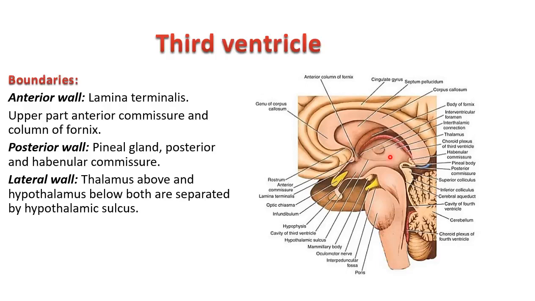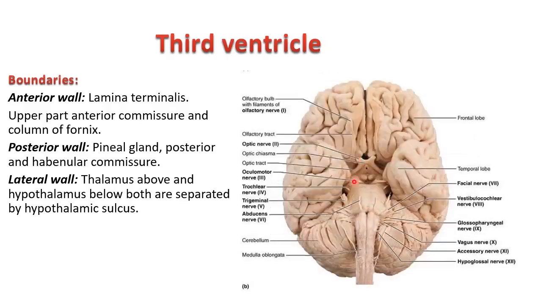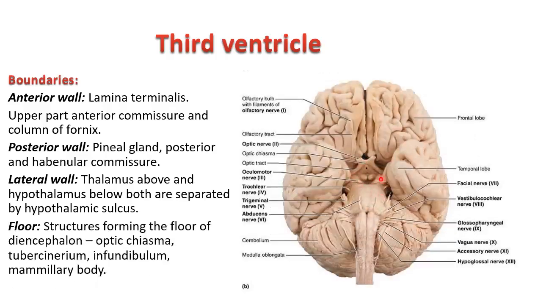Then floor structures: the mammillary body, tuber cinereum with the infundibulum, and posterior perforated substance. They all form the floor of the third ventricle. They are also the floor of the diencephalon.